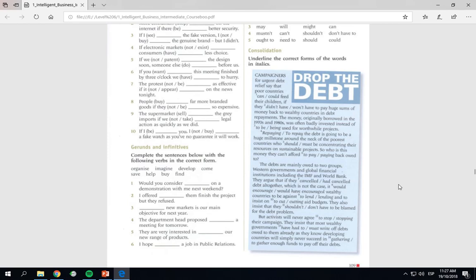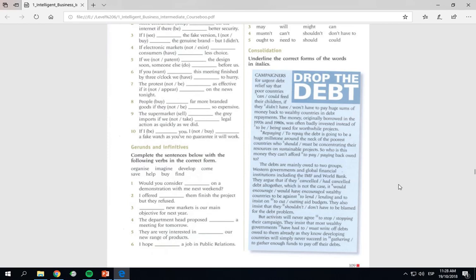The debts are mainly owed to two groups: Western governments and global financial institutions, including the IMF and the World Bank. They argue that if they cancelled the debt altogether, which is not the case, it would encourage wealthy countries to be against lending and to insist on cutting aid budgets. They also insist that they shouldn't be blamed for the debt problem.